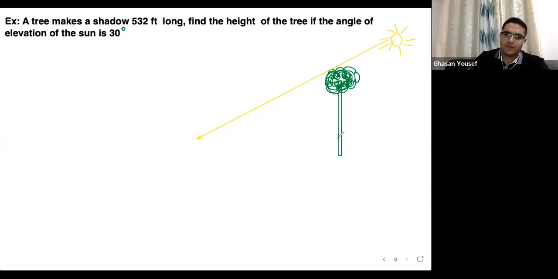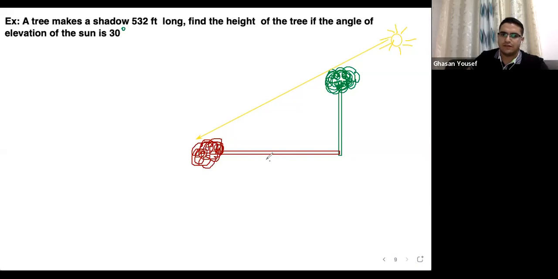This sun also makes a shadow for the tree. Here is the shadow for the tree. The shadow has a length 532. This is the shadow.